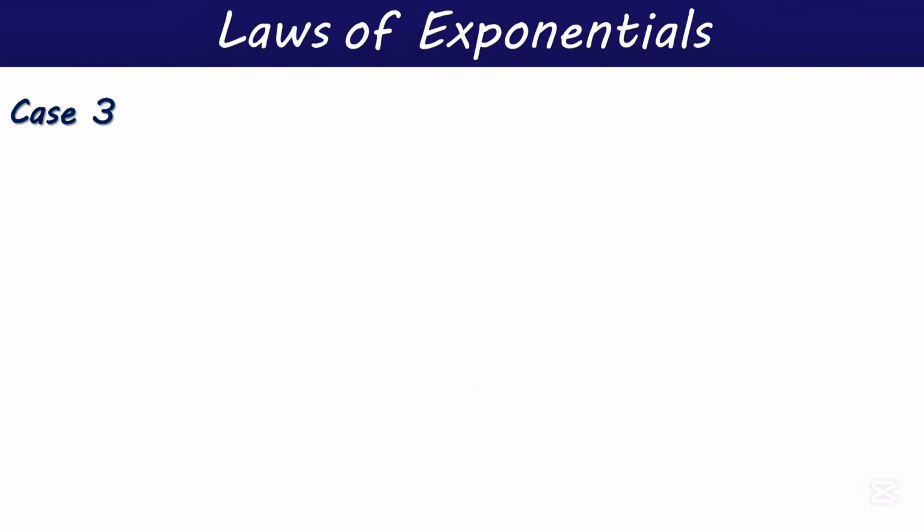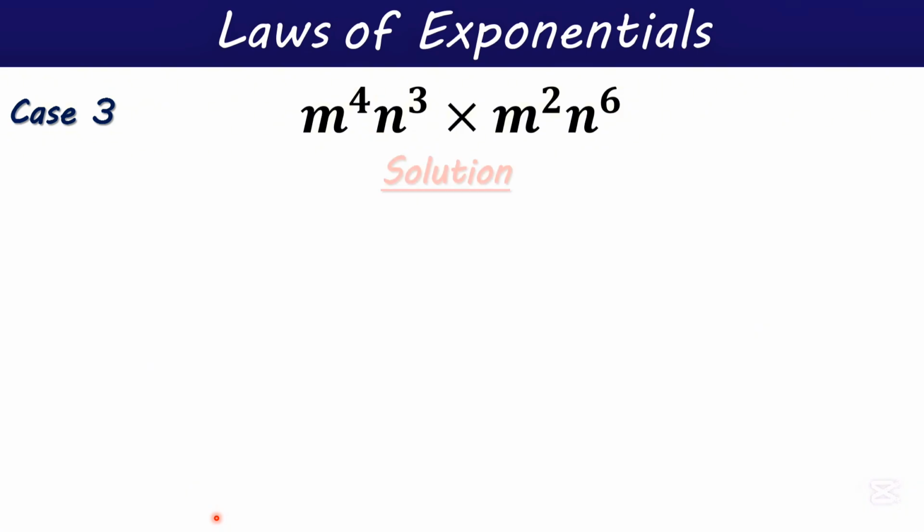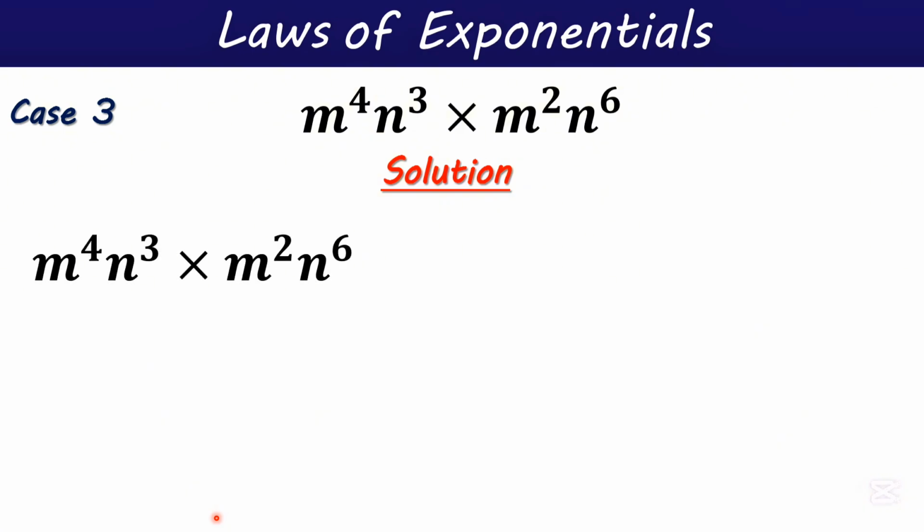Case 3, m raised to the power 4 n raised to the power 3 times m raised to the power 2 n raised to the power 6. Let's look at how we can work this out. In this case, we are going to take the powers of the base m. So we have m here and we have m here.